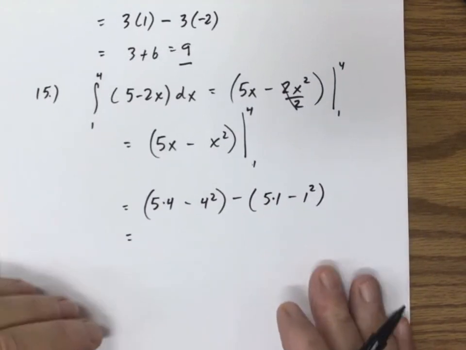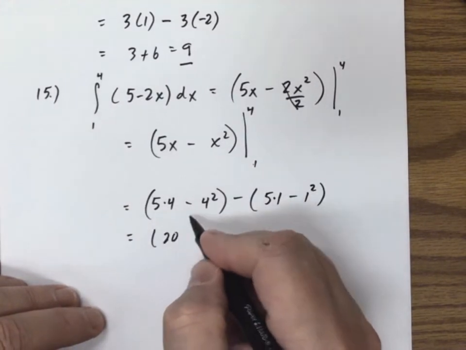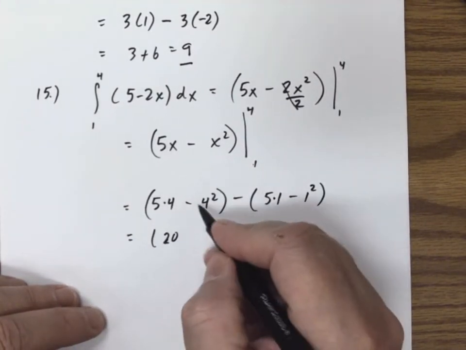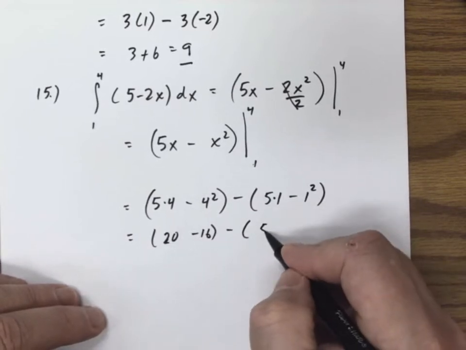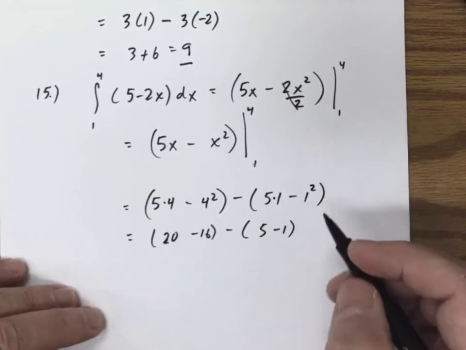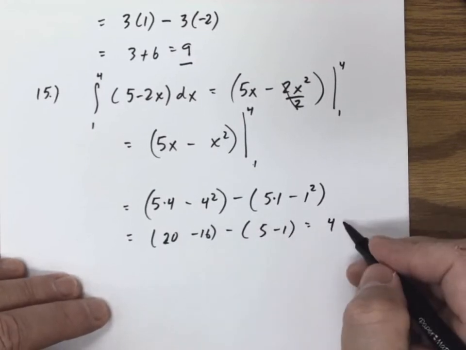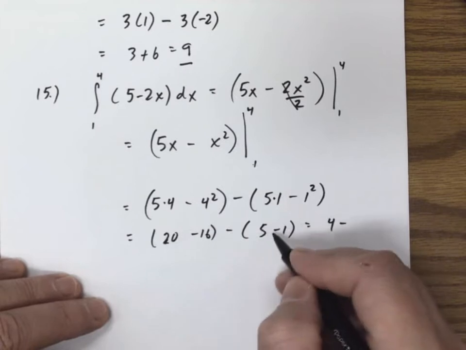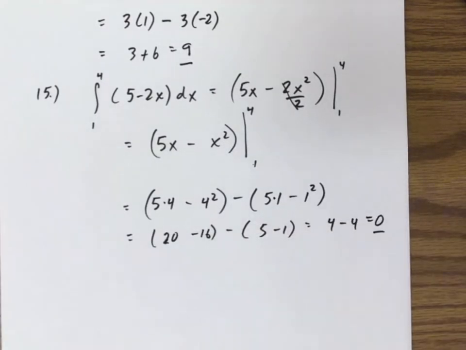And now it just becomes a math problem. Do your math correctly. 20 minus 16, 5 minus 1, 4 minus 4. Looks like that whole thing equals 0, which I think is correct.